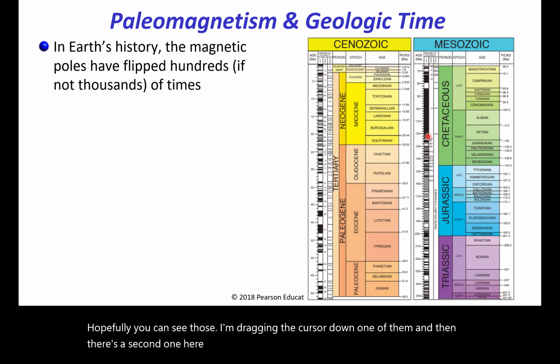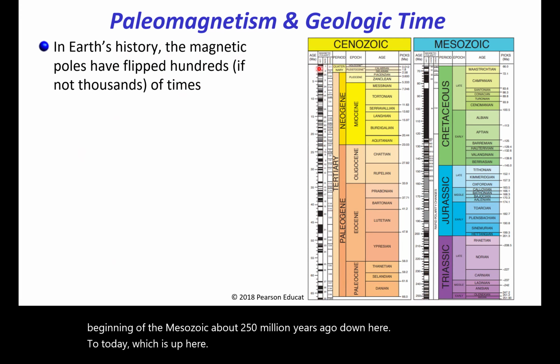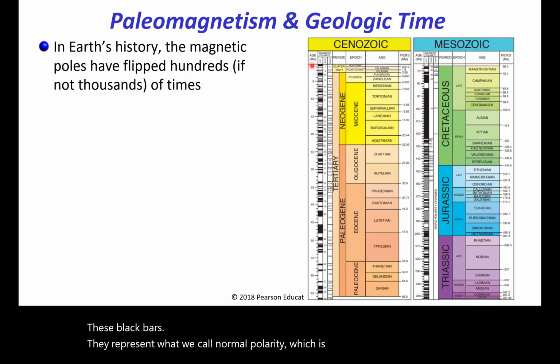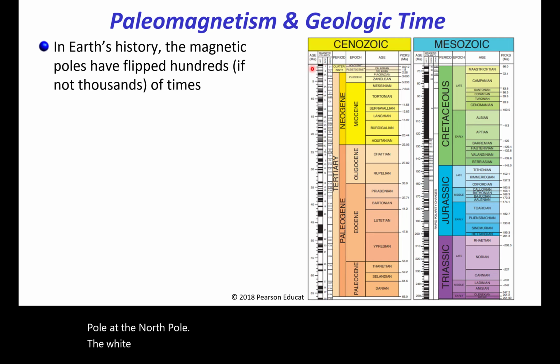We're going further and further back in time, from the beginning of the Mesozoic, about 250 million years ago, down here, to today, which is up here. These black bars represent what we call normal polarity, which is what we have today, the North Pole at the North Pole. The white bars are when the Earth's magnetic field is reversed. North is at south, and south is at north.